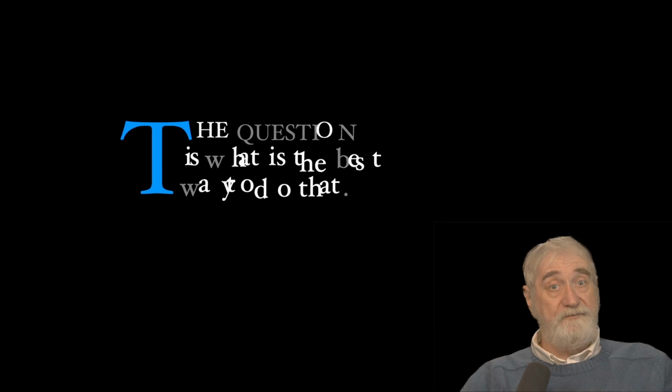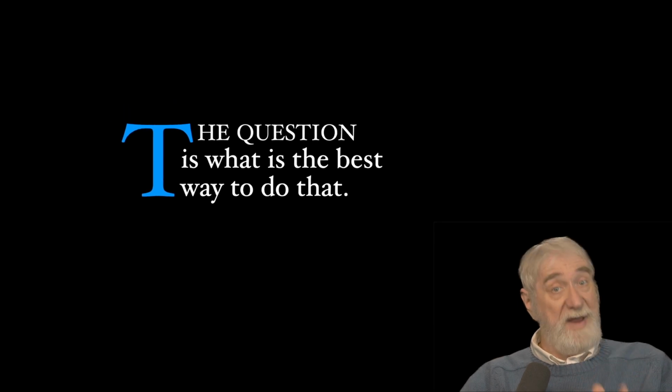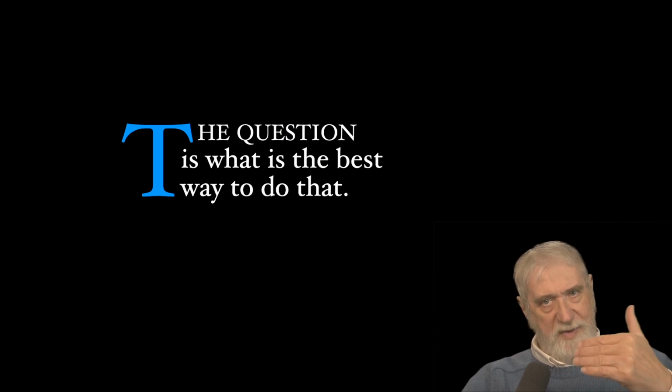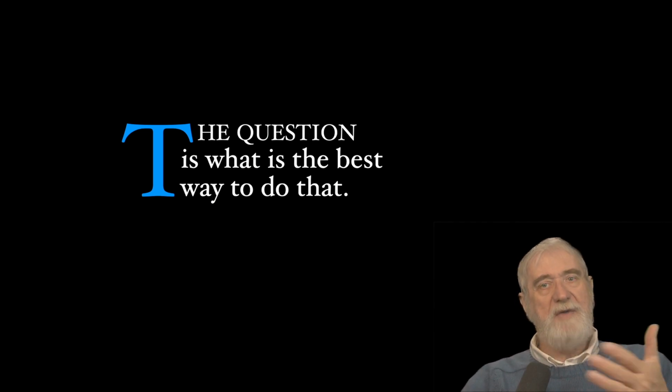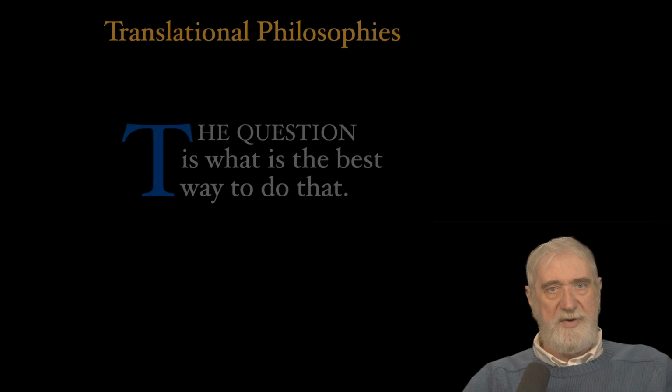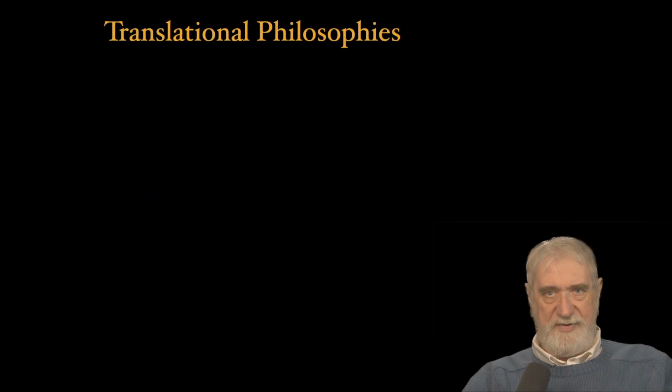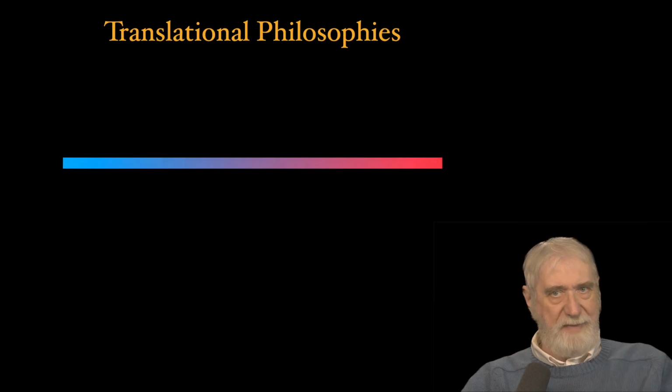So the question is, what is the best way to do that? And to understand the way translators think about this, we have to approach the question of what we sometimes call translational philosophies. It's probably best to think of this as a kind of spectrum.